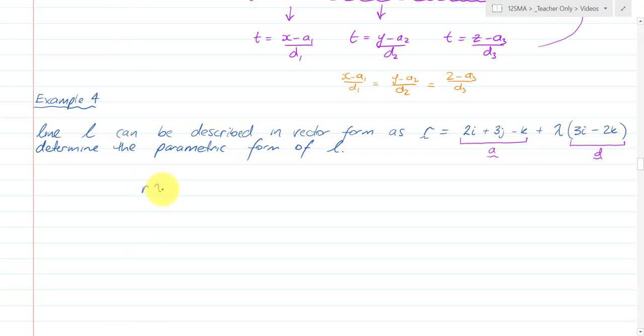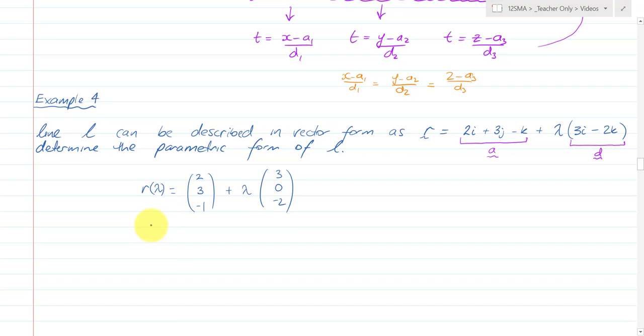We get r of lambda is equal to, I'm going to put them down as column vectors here, (2, 3, negative 1) plus lambda (3, 0, negative 2). That 0 is massively important to make sure you get it in the right place.